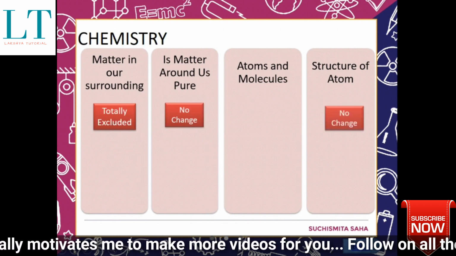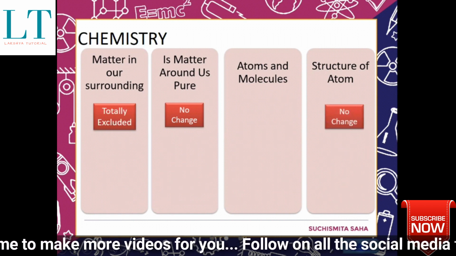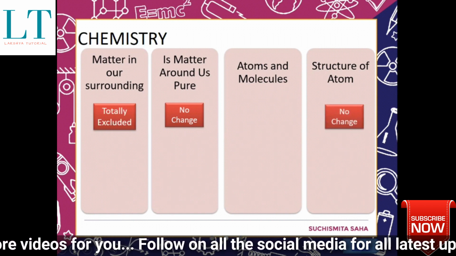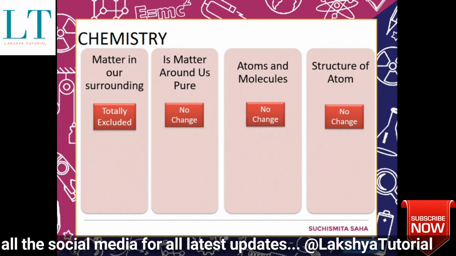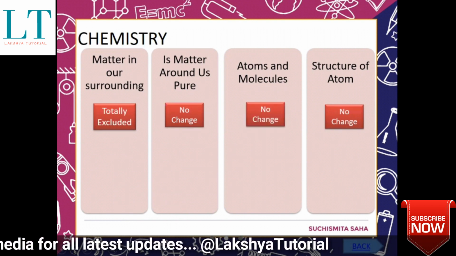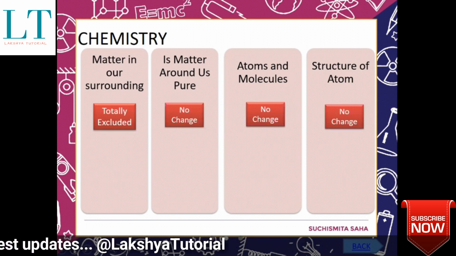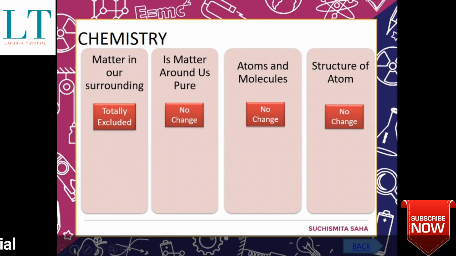In structure of atoms and in atoms and molecules also, there are no changes. So as a whole, in the chemistry part only the first chapter is totally excluded. All the rest of the chapters are kept as they are by the board.